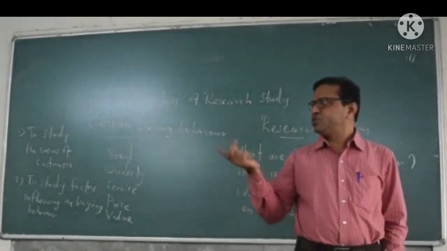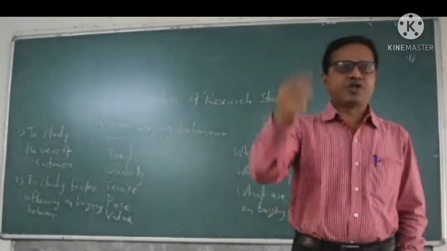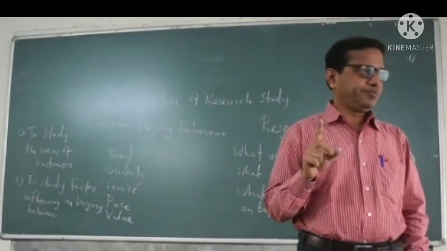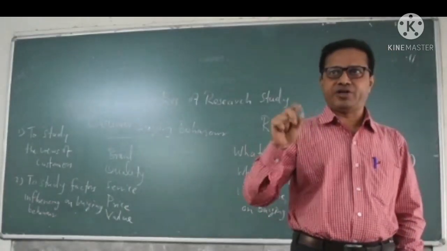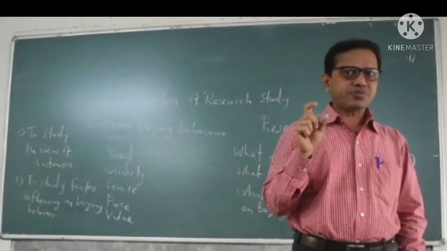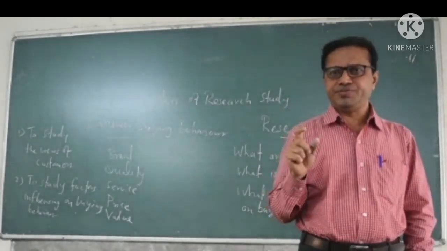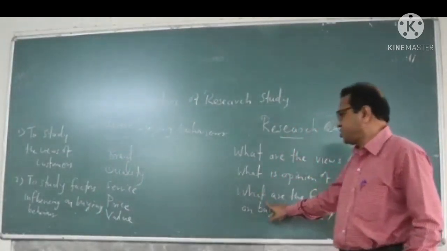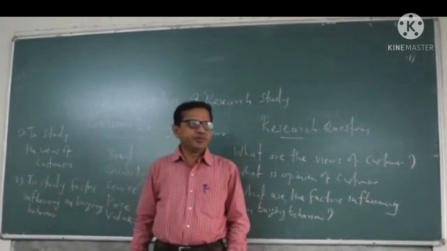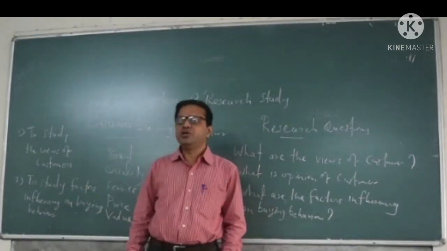As I said, normally you can use this kind of words: study, examine, assess, evaluate, study effect. As per the topic, you have to use the words. So the question is what are the factors, and on the basis of the question, the objective is to study factors influencing buying.